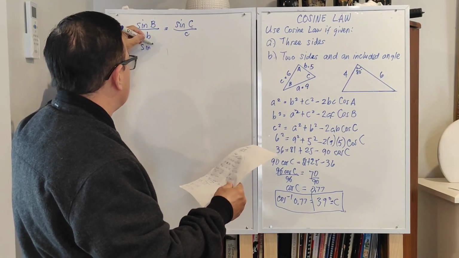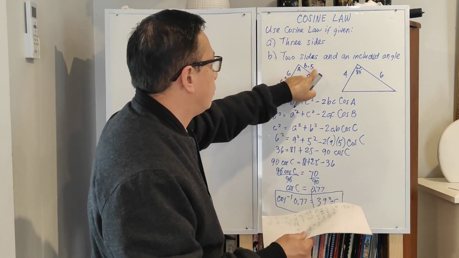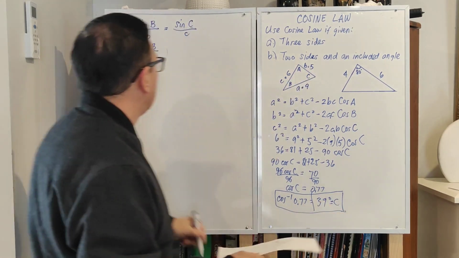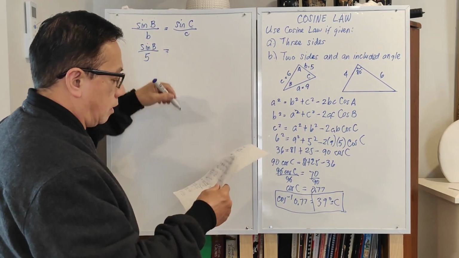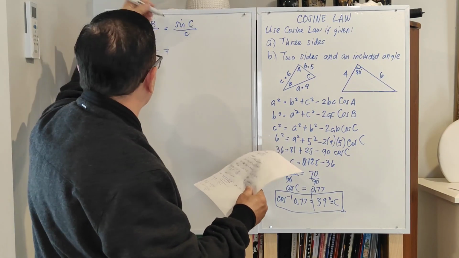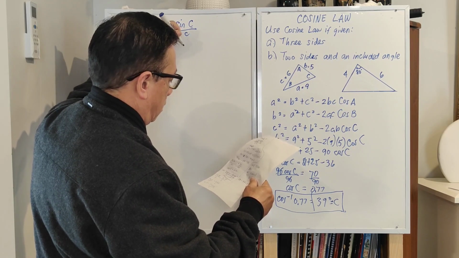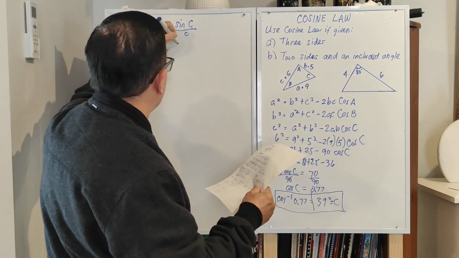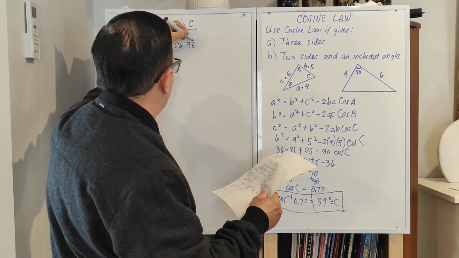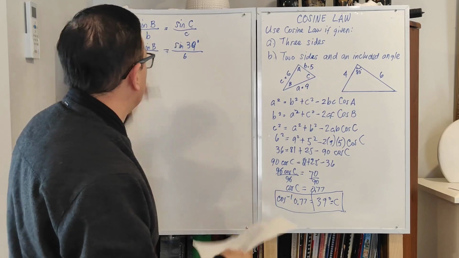Sine B, which we still don't know yet, over 5, the opposite side of B, is equal to sine C, sine of 39 degrees, over 6.